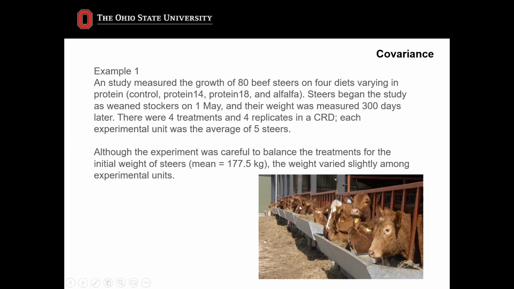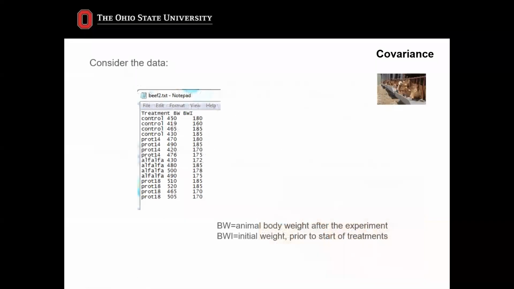The 5 steers composing an experimental unit were carefully selected so that each treatment started with a 177.5 mean weight of steers, balanced across the treatments. But with the limitation of the experimental material, the weight did vary slightly among the experimental units.